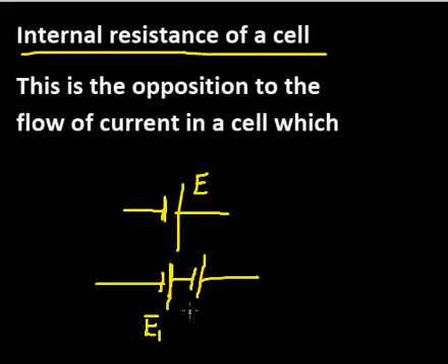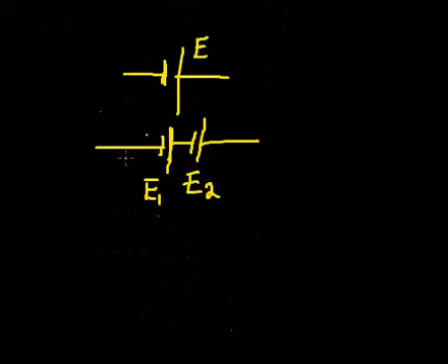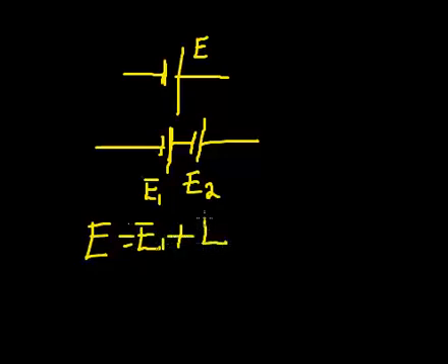Let's say you have two, E1 and E2, connected in series. So for a battery, to get the total EMF, you add them up: E1 plus E2, depending on the number of cells it has. So this is a cell, while this is a battery.